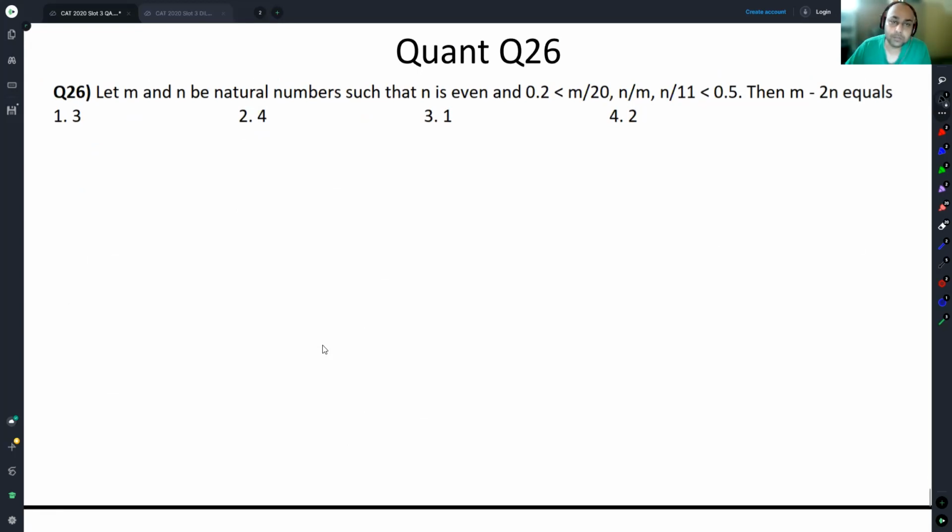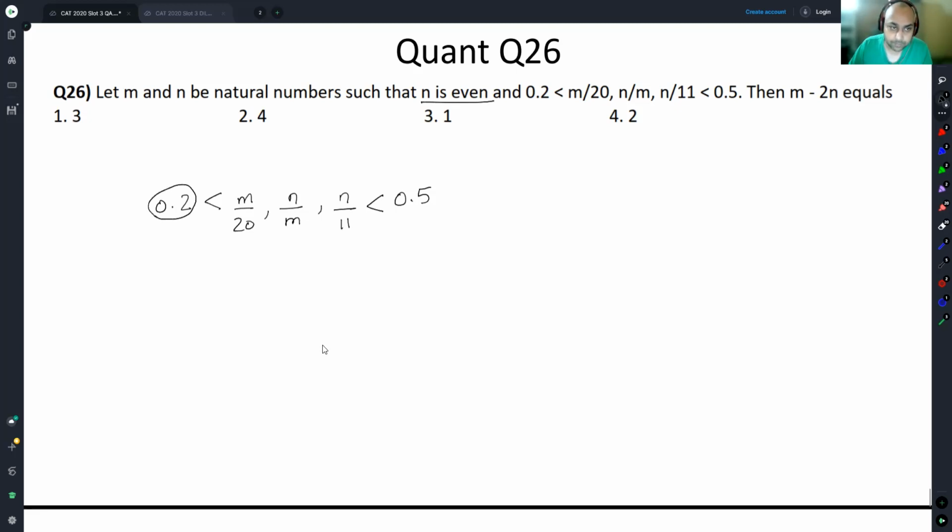Let m and n be natural numbers such that n is even, and 0.2 is less than m by 20, n by m, n by 11 is less than 0.5. Okay. M by 20 has to be greater than 0.2.